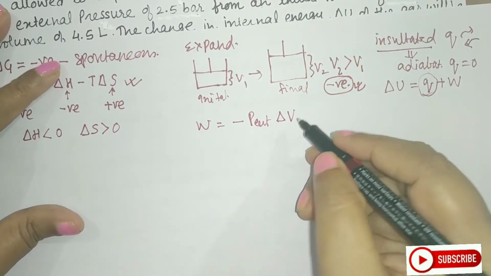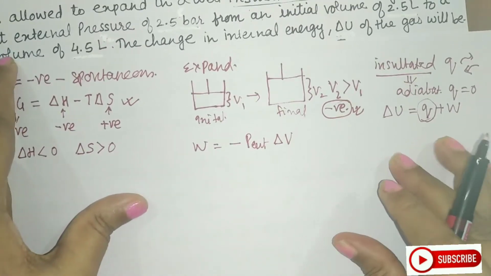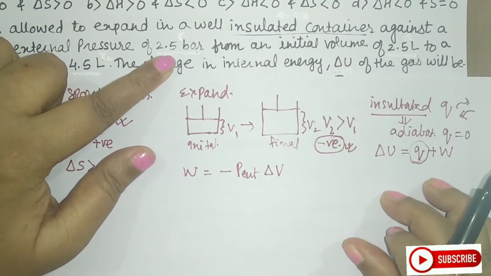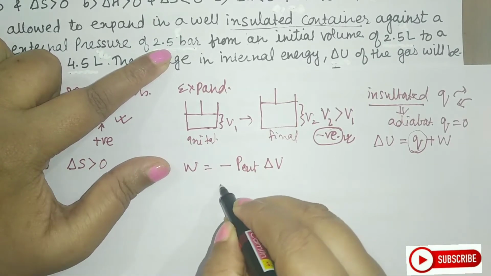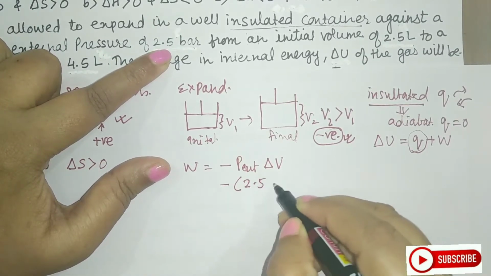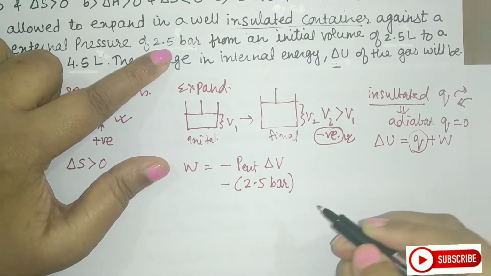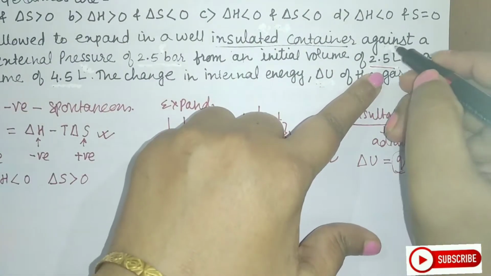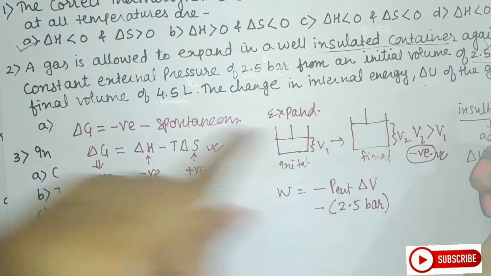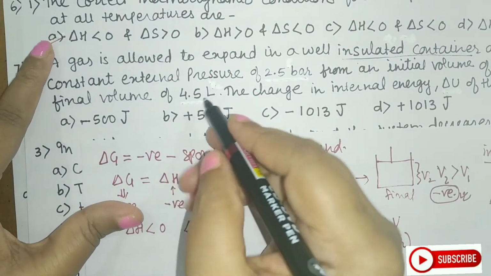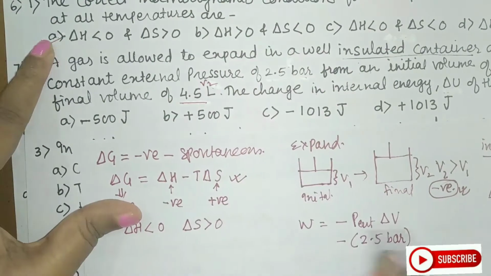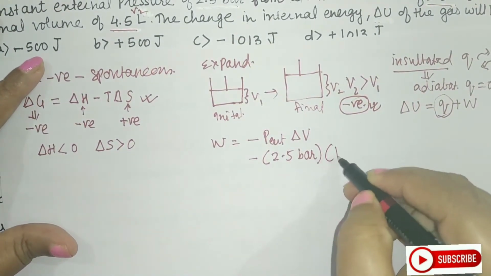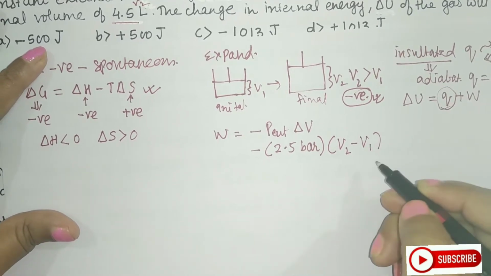Now what is delta V? For that, let us go through the problem. They say at a constant external pressure of 2.5 bar, from an initial volume, which we call V1, to a final volume of 4.5, which we call V2. So delta V will be equal to V2 minus V1.